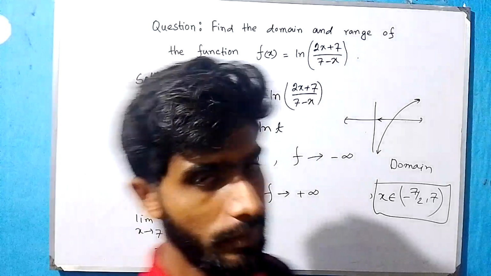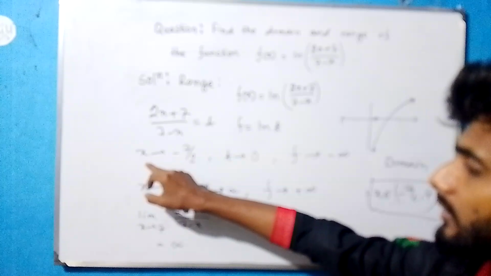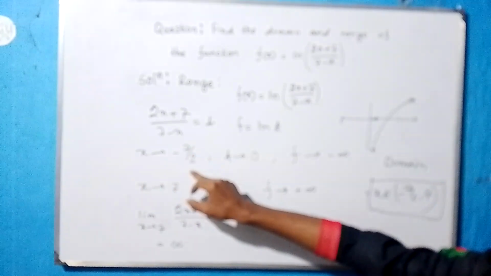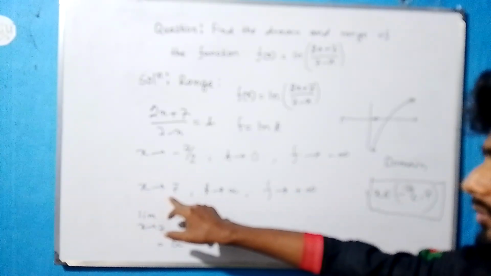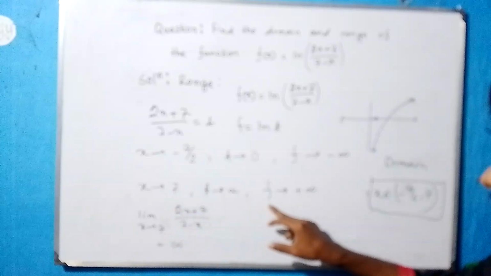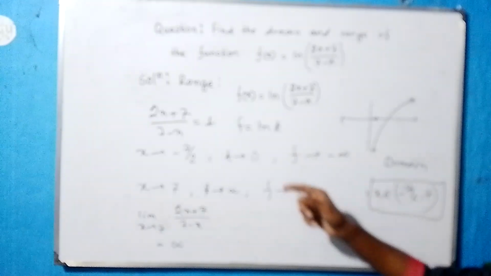That means if your x moves to negative 7 by 2, then f moves to negative infinite, and if x goes to 7, then your function f, that is ln of this part, moves to positive infinite. And we know that the range of any function is the values of f of x. So our range will be negative infinite to positive infinite.